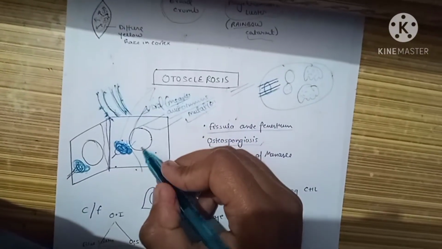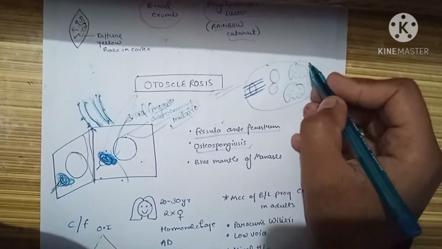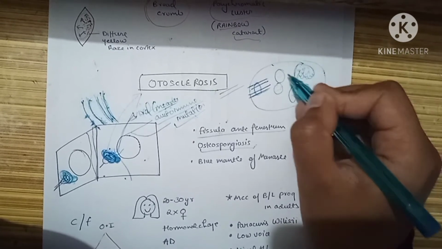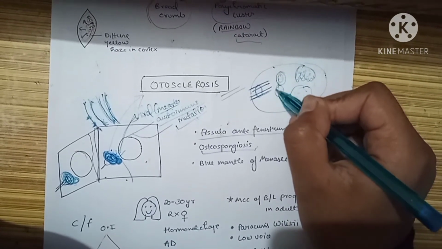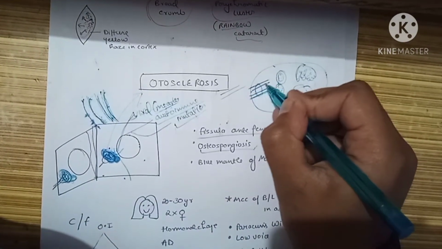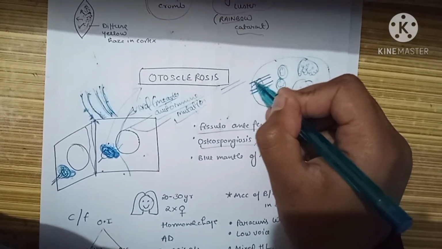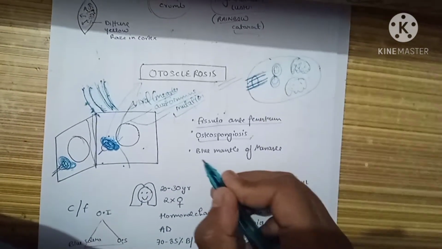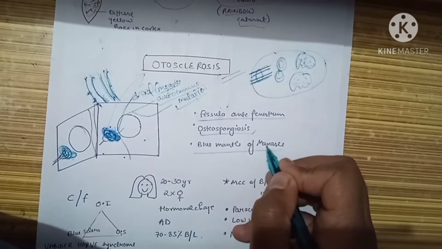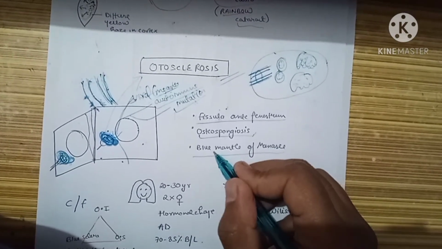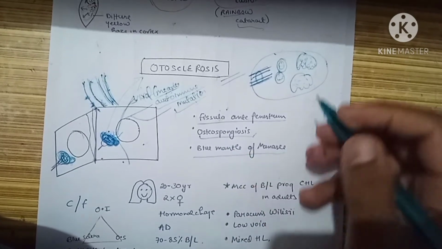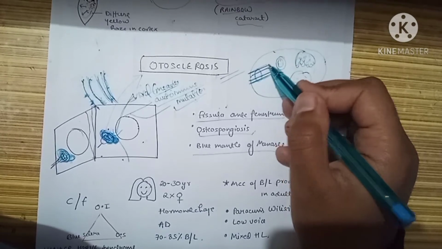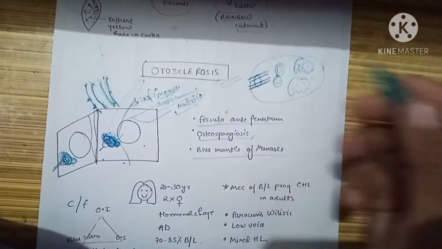Now when we see the histopathology of this area, we see that there are a lot of osteoclasts, that is multinucleated giant cells, there are osteoblasts, and there are blood vessels which are surrounded by an envelope of bone, and this envelope of bone is what is known as the blue mantle of Manasse. It is known as blue mantle, meaning blue envelope, because on histopathology the bone appears blue, and Manasse is the person who discovered it.